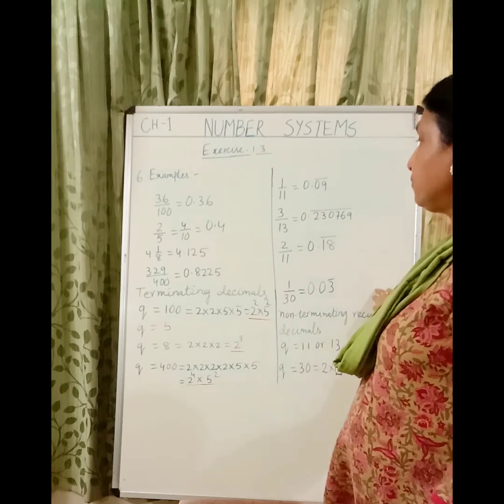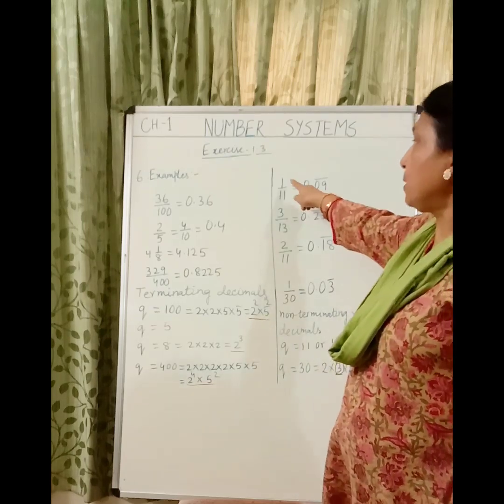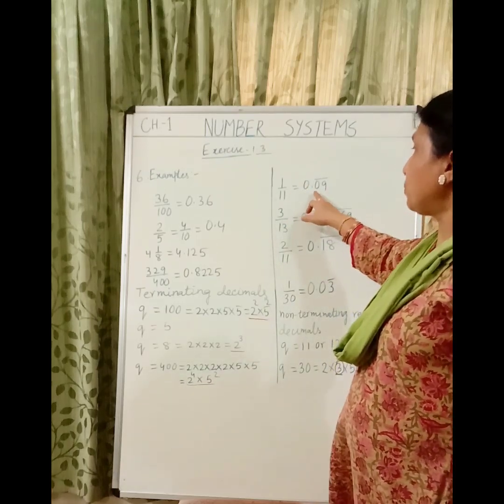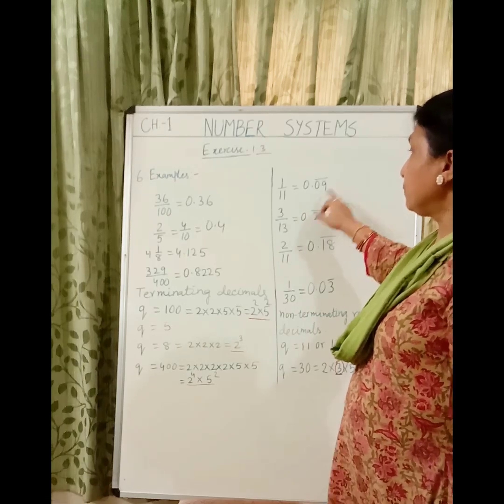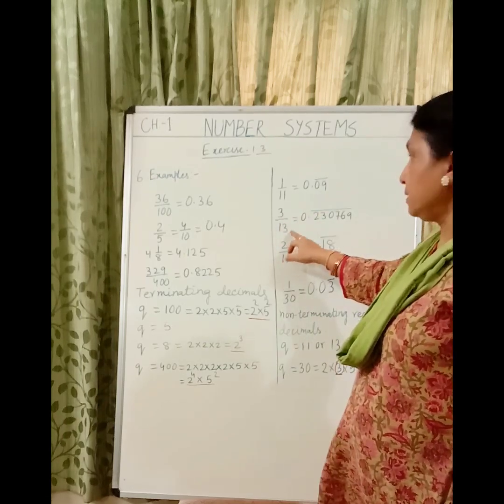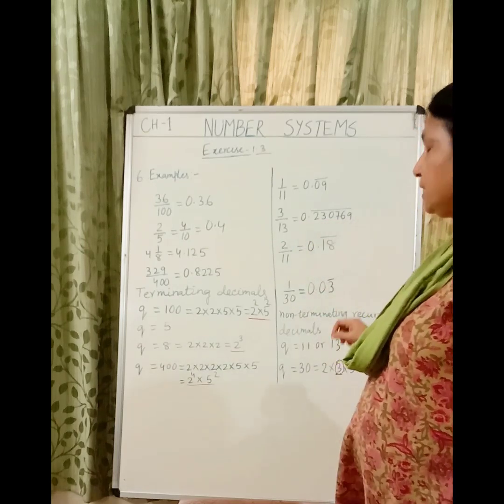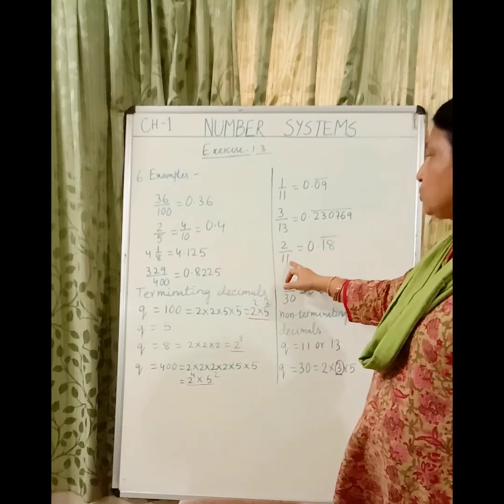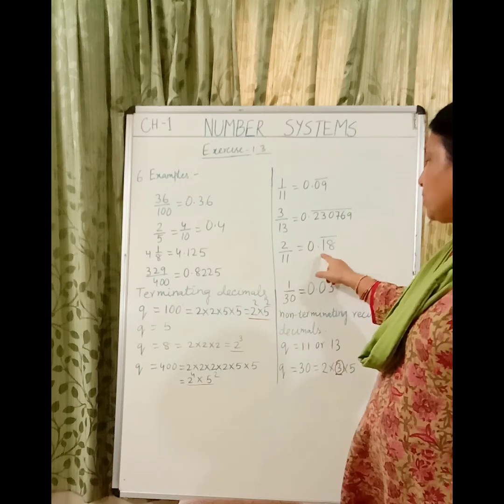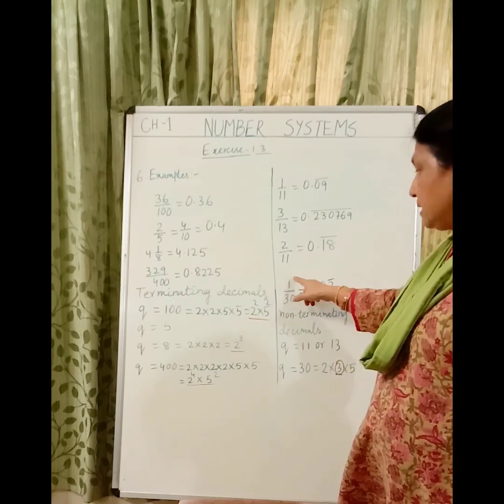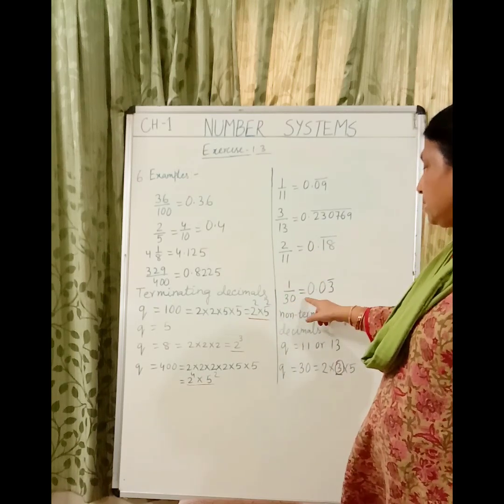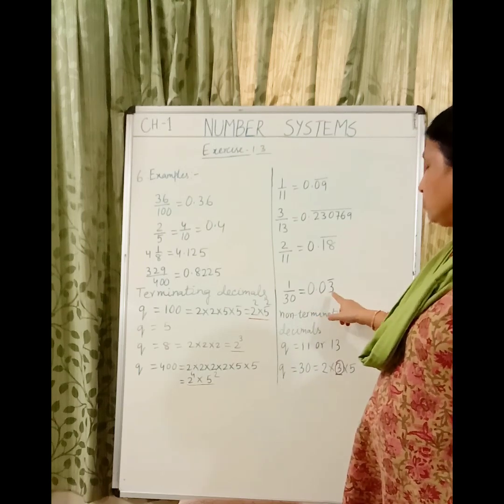Now the other set of examples, you can see 1 upon 11, that is 0.09 bar, 3 upon 13, that is 0.230769 bar. Next 2 upon 11, that is 0.18 bar. Then we have 1 upon 30, that is 0.03 bar.